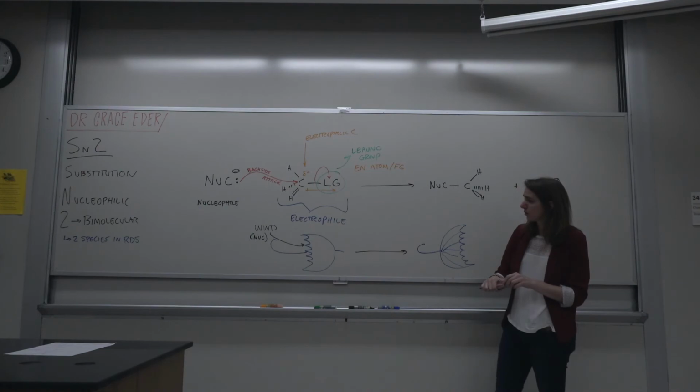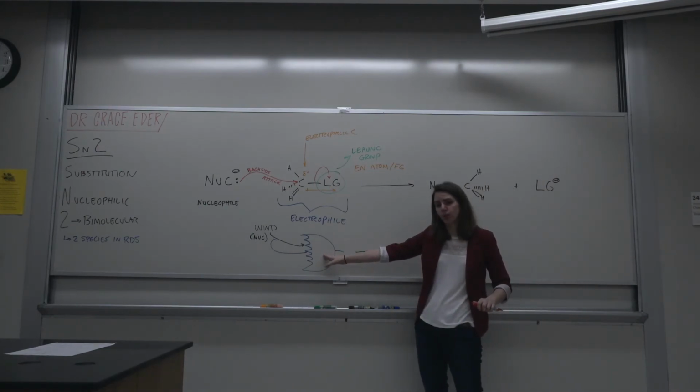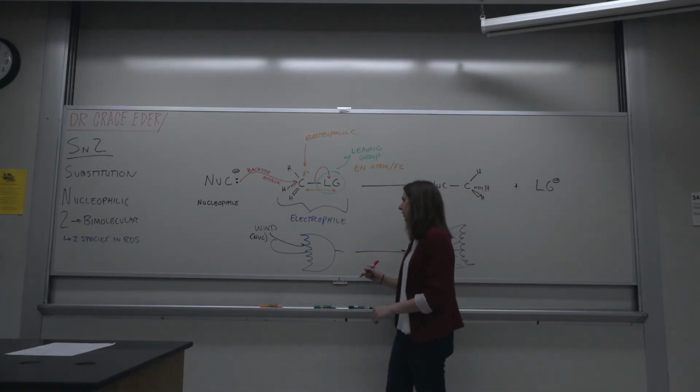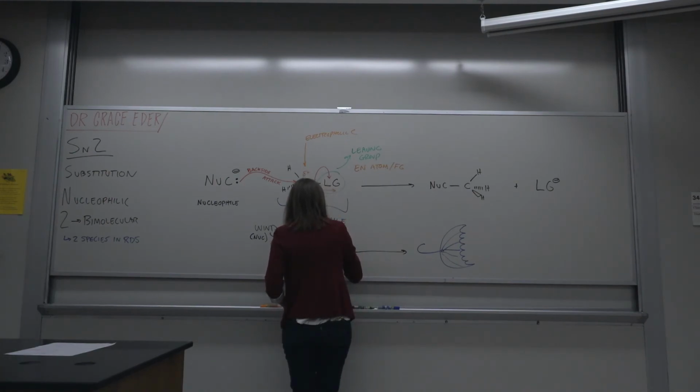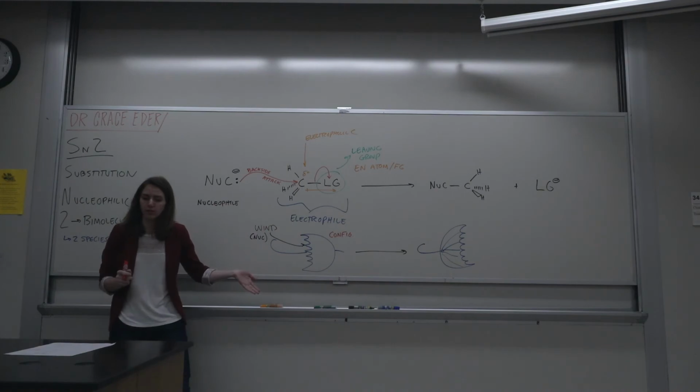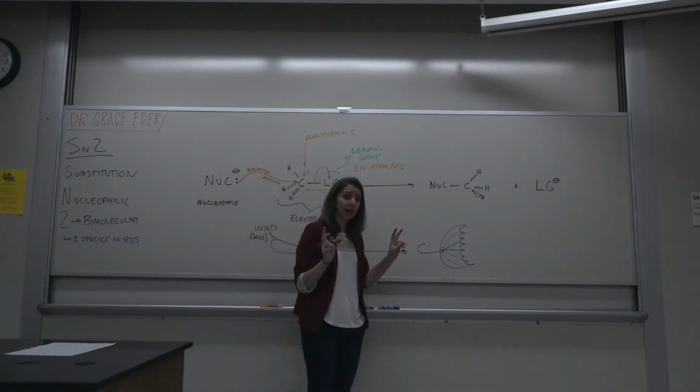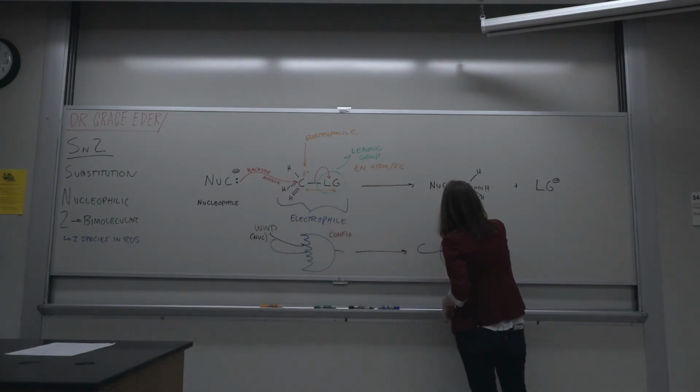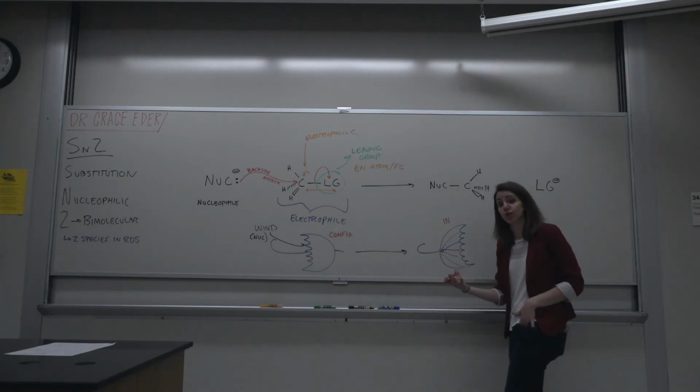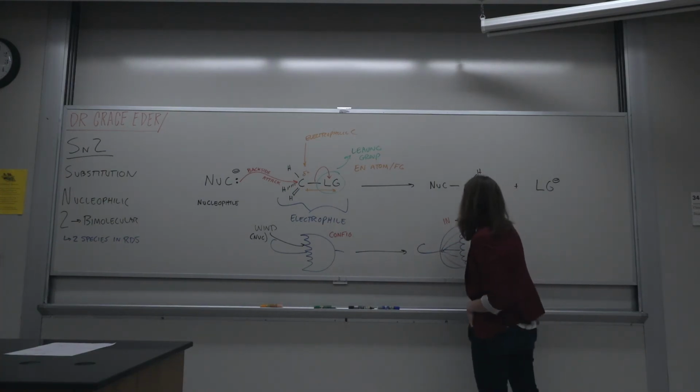So if we think about this umbrella, the beautiful, lovely umbrella that's ready to go, this is the useful configuration of the umbrella. And then at the end of this reaction, we have an inverted umbrella, or an inversion of the original configuration.